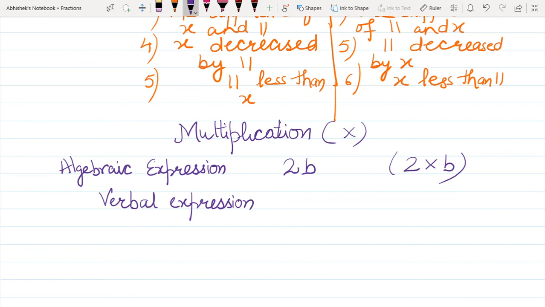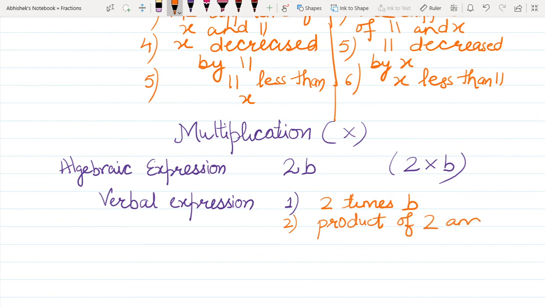So its verbal expression is, first we can write, 2 times b. We can express it in this way also: product of 2 and b.